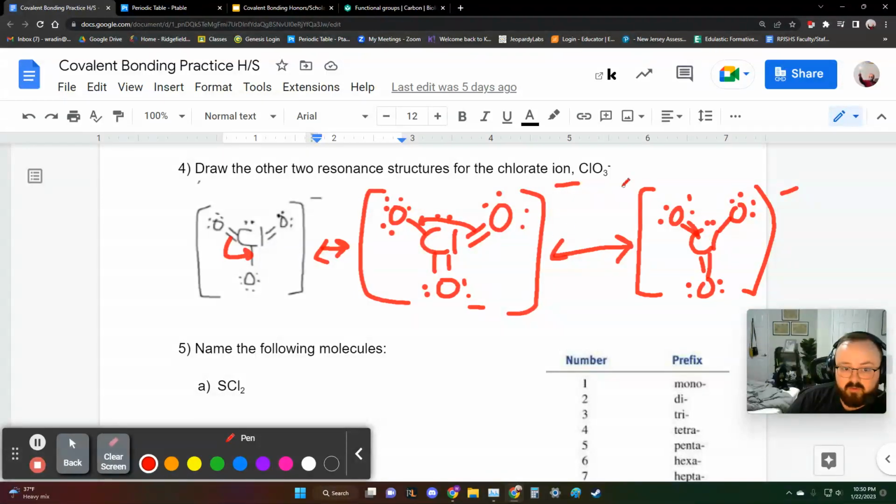This is an example with the chlorine, where the chlorine has an expanded octet. Because this chlorine atom has 1, 2, 3, 4, 5, 6, 7, 8, 9, 10, 11, 12. This oxygen has 12 valence electrons just on it, just to show you another example of that. It happens a lot with these polyatomic ions.